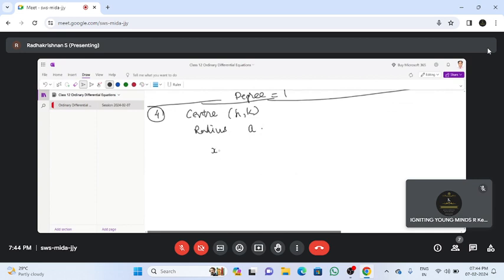It will be x minus h whole square plus y minus k whole square equal to a square. Okay. So now we have to find out only the order of this equation. Three, sir. Order is 3.